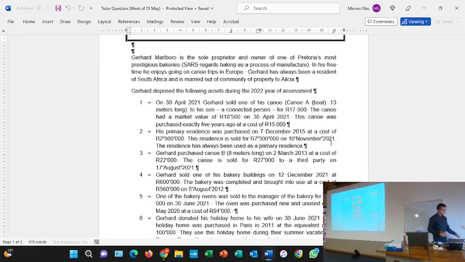Okay, now to the CGT. Our proceeds is 600,000, less our recoupment that is included in taxable income, less our tax value.